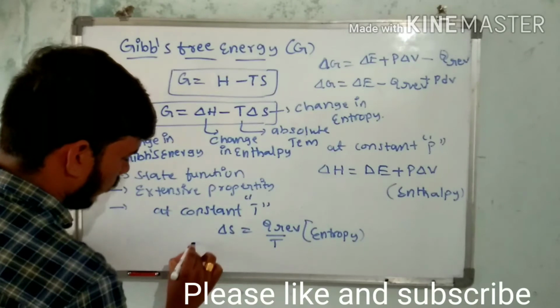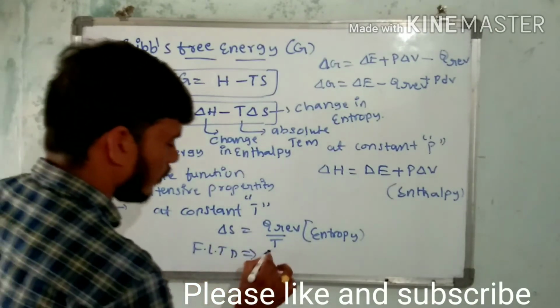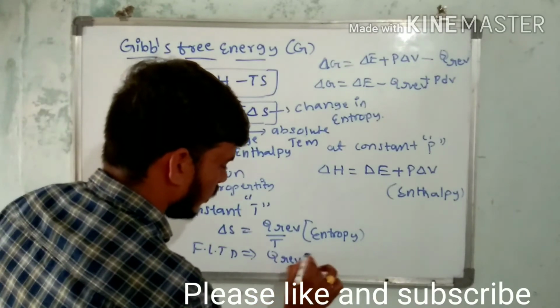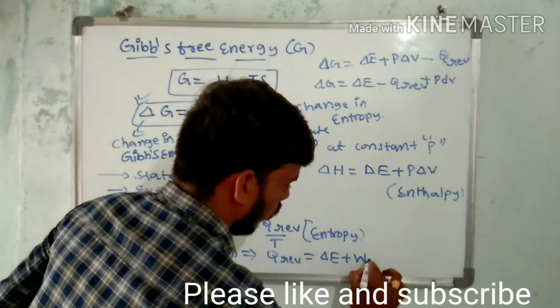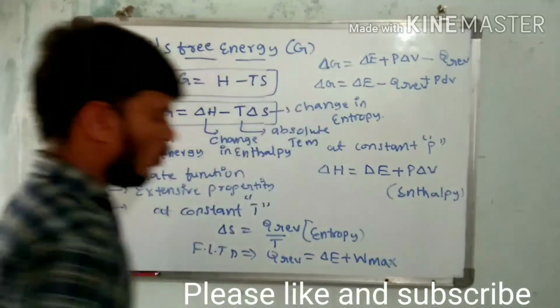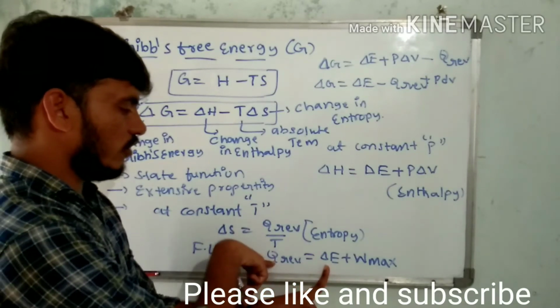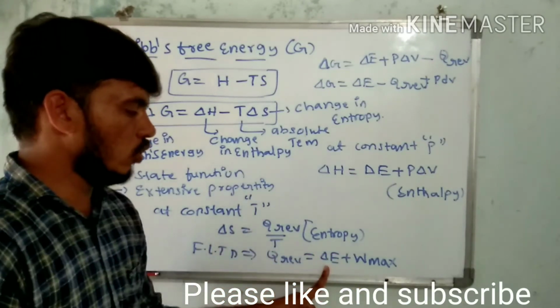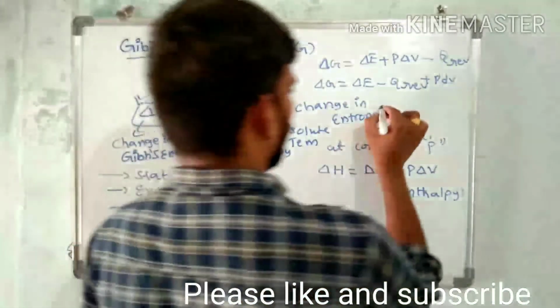the first law of thermodynamics says that Q reversible is equal to delta E plus W maximum. Now delta E minus Q reversible is equal to minus W maximum. Now this value is substituted in this equation.